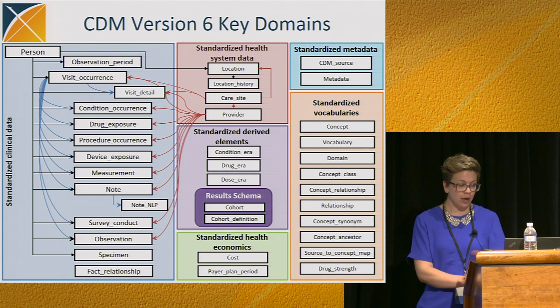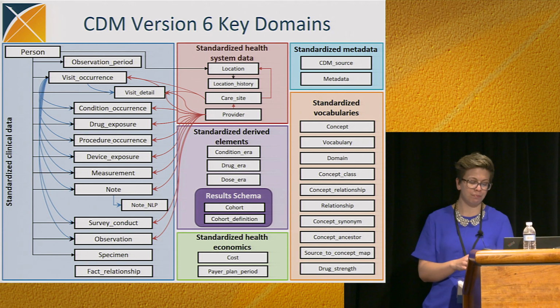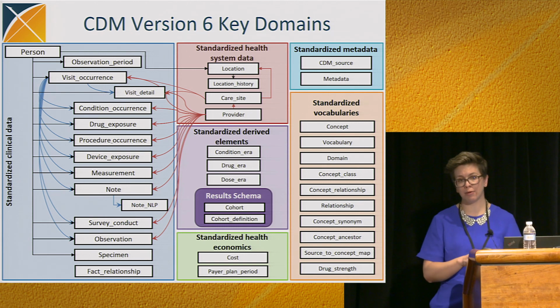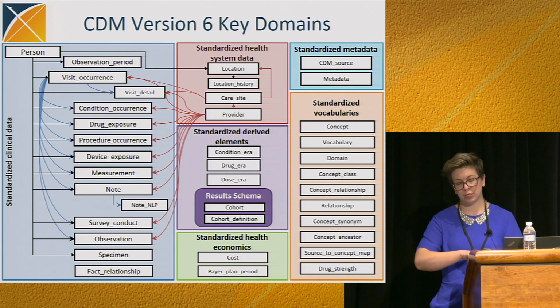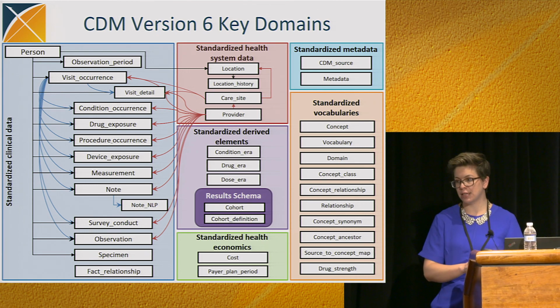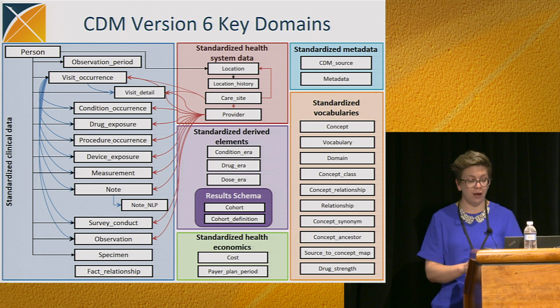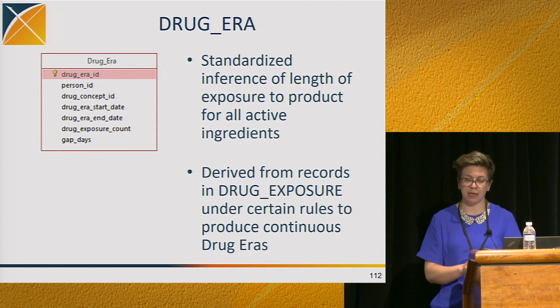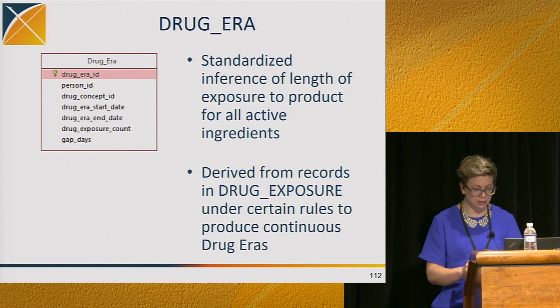So there are 3 tables that people want to know about: the condition era table, the drug era table, and the dose era table. I'm going to talk about the drug era table because I think this is the more important one and is used very often in research to understand what people are being exposed to and the duration of that.